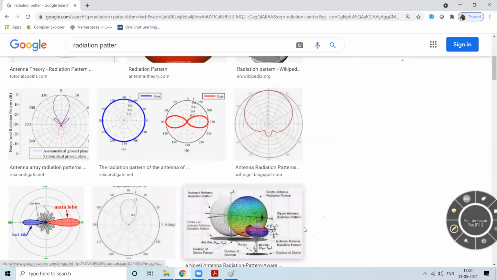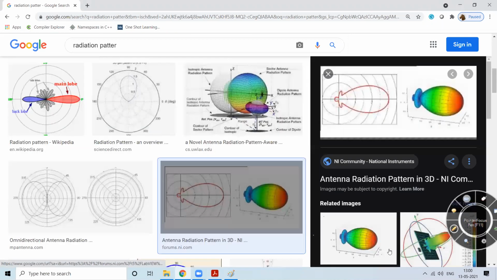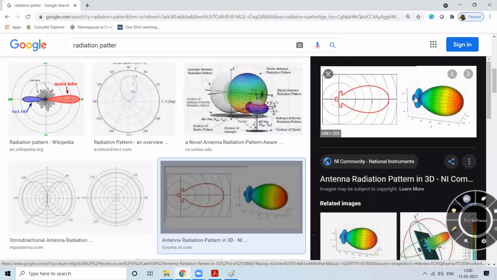So if you consider this, just for example, this is a three-dimensional parameter. The radiation pattern is actually related to a three-dimensional parameter. So here, if you consider talking on your cell phone, you can just move around and you can capture the information.